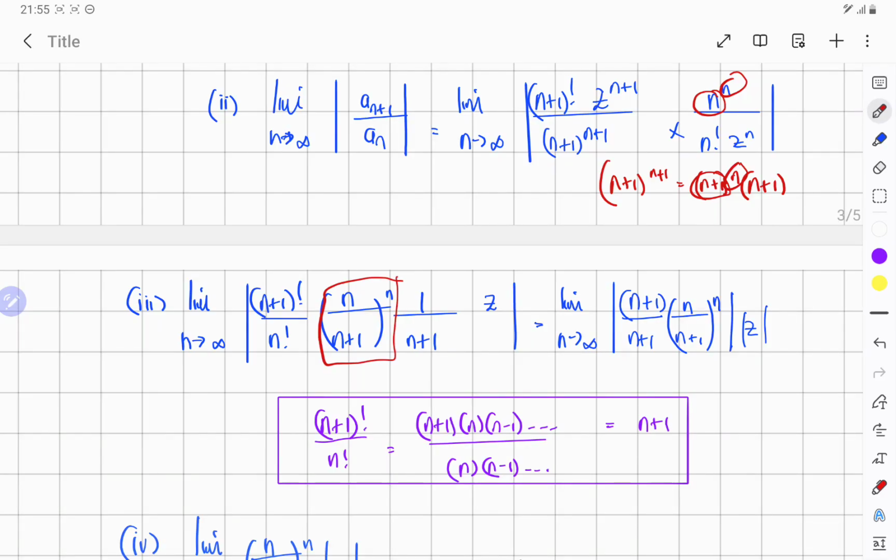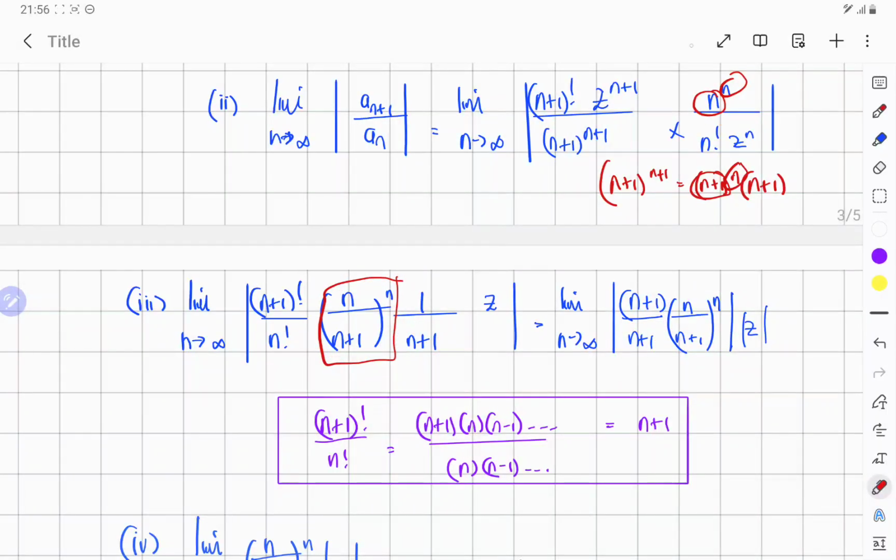So those are all basics that you must just make sure you are 100% familiar with. Now what am I going to do? Well, like I said, for my factorials, (n+1) factorial over n factorial, I did get n plus 1. Here I have an (n+1) left, and I have that term.